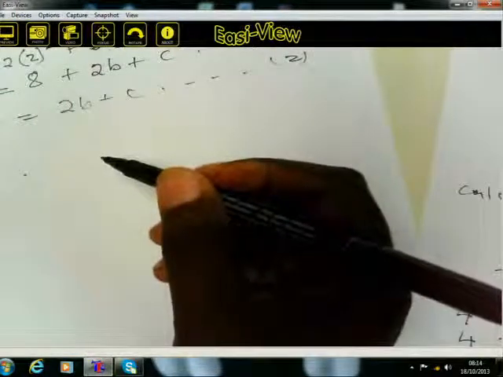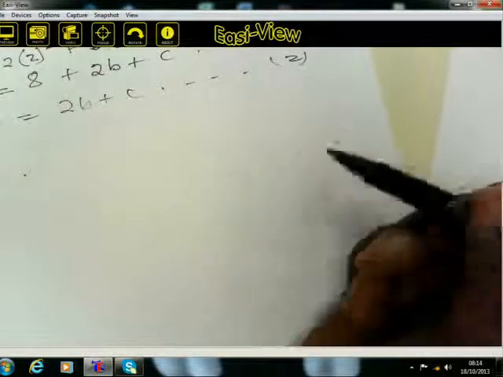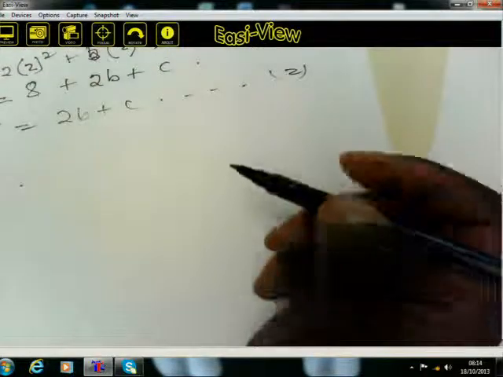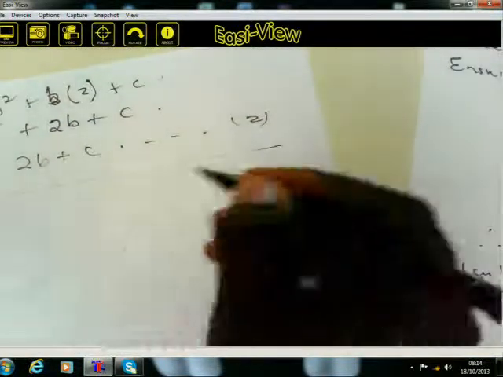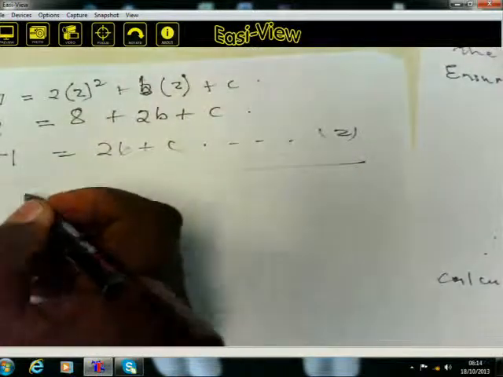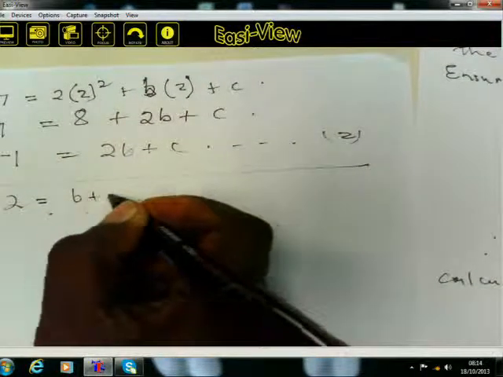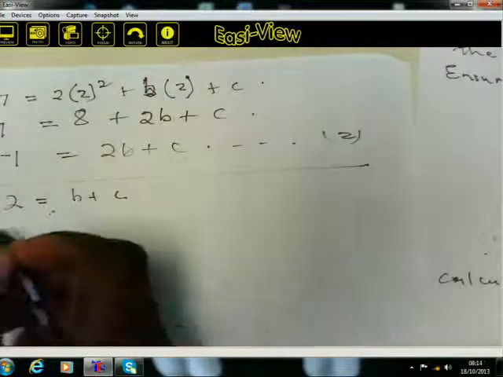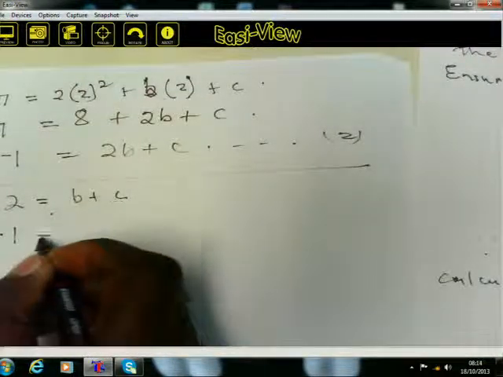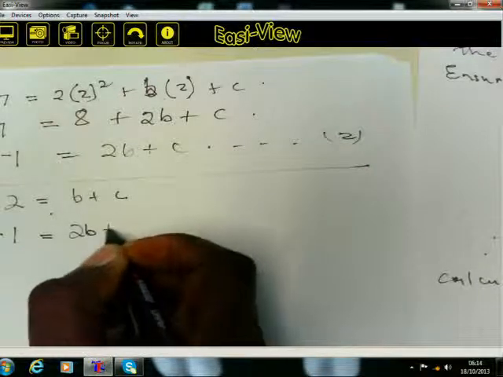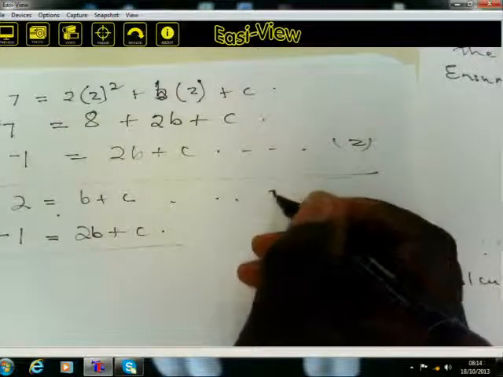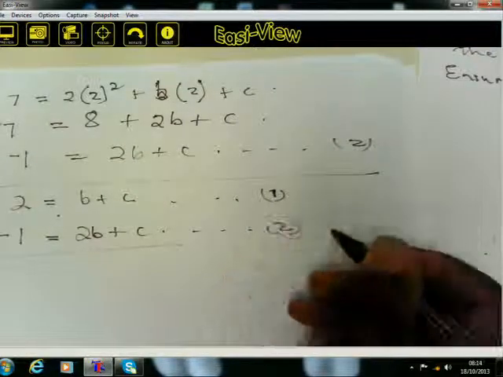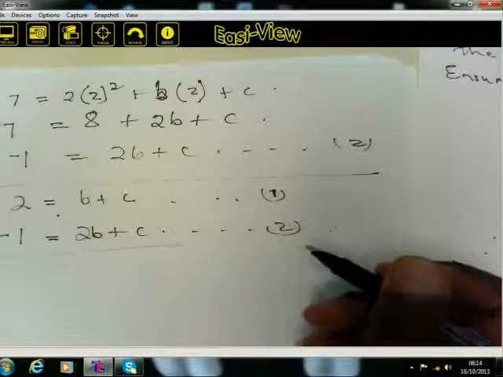Now, it's easy for us to solve for b and c. Let's see how we go about it. We have said that the first equation was, let me just write it down here, 2 is equal to b plus c. And then the second equation is -1 equals 2b plus c. All right. Now let's see how we go about solving this.